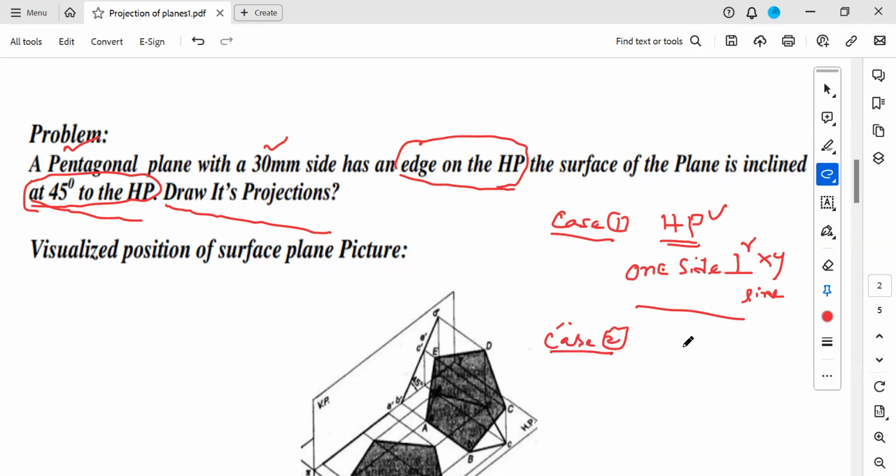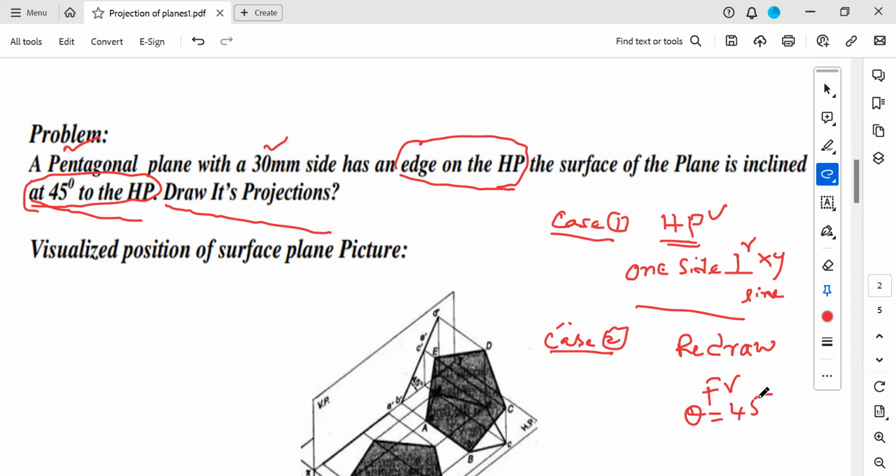We need to rotate the front view because inclination to HP is given. So that will be visible in the front view. So redraw the front view such that it will make an angle of 45.